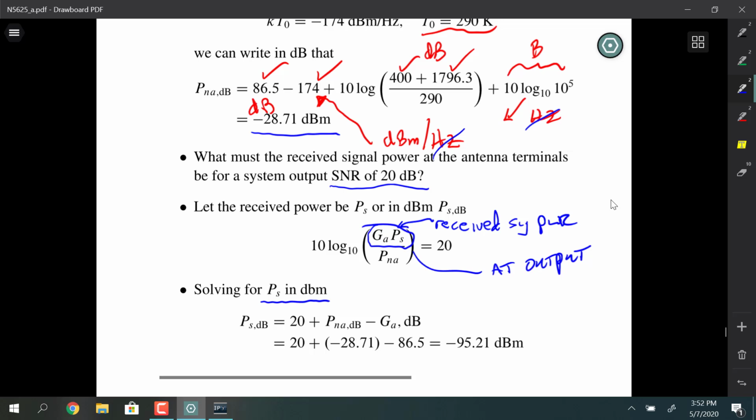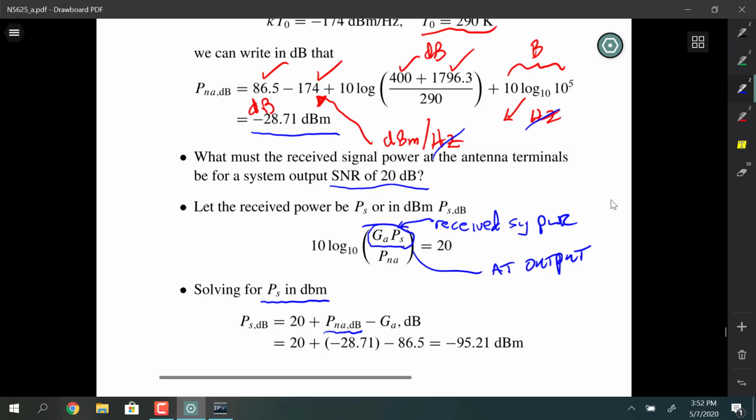We write all of that math down, and what I did here is I just converted it all to dB again. So I said PS in dB is equal to 20 plus the noise power. We want to be 20 dB above the noise power, and then we subtract out the gain in dB of going through that front end, and that's going to be the signal power at the input.